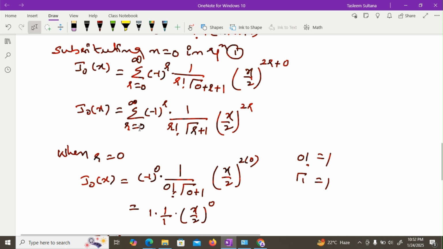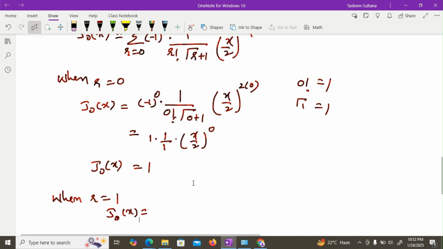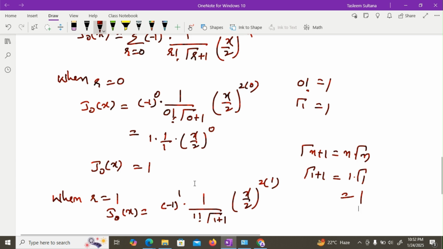When r is equal to 1, J0 of x is equal to, here we have to substitute, the summation to infinity we have to open. So now we are substituting r value is equal to 1. We get minus 1 to the power of 1 into 1 by 1 factorial gamma of 1 plus 1, x by 2 to the power of 2 into 1, where we have the knowledge that gamma n plus 1 is equal to n into gamma n.